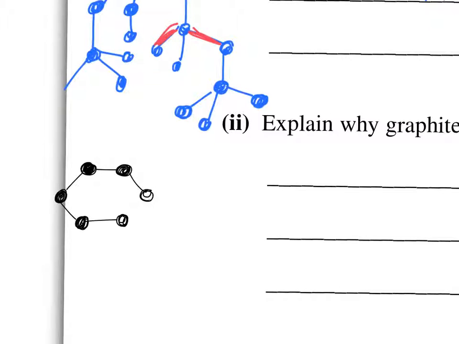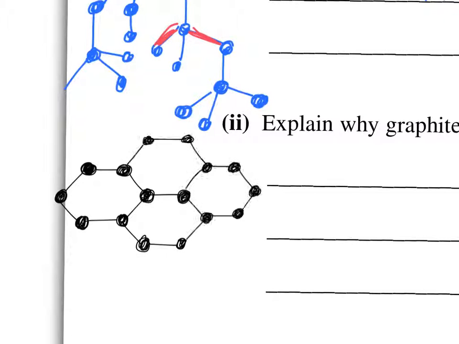They're just connected to 2 at the minute. So that forms a hexagonal ring, and then we form another hexagonal ring off of that as well. And graphite exists in these layers.